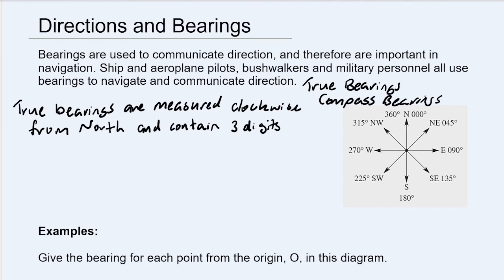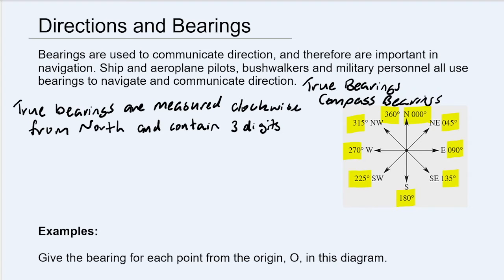Now, 2 of those digits may be 0. As you can see, we have 000, 045, 090. So those in yellow are our true bearings. You can see north actually has 2 true bearings, 000 and 360.